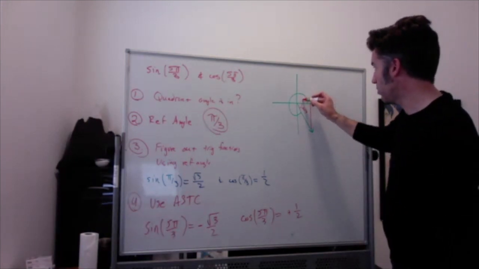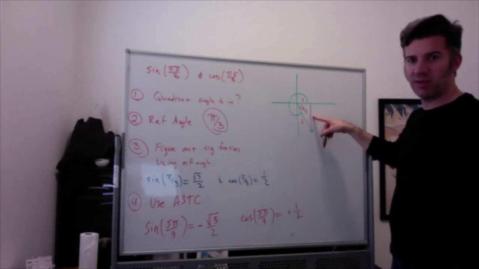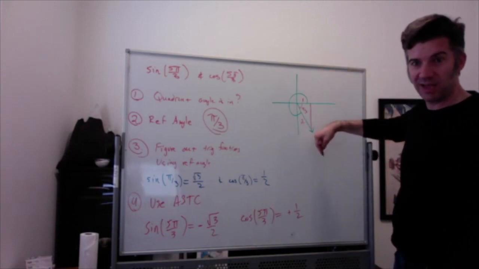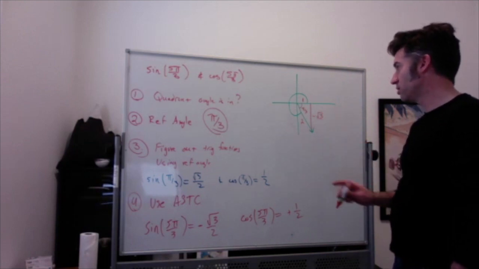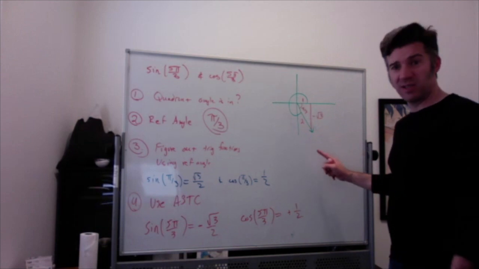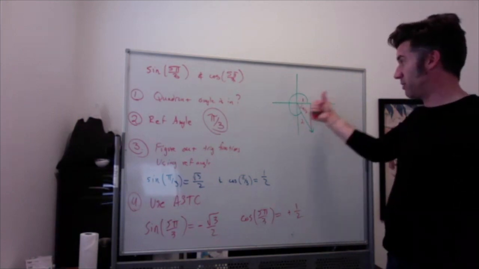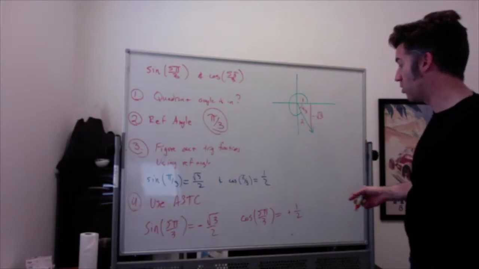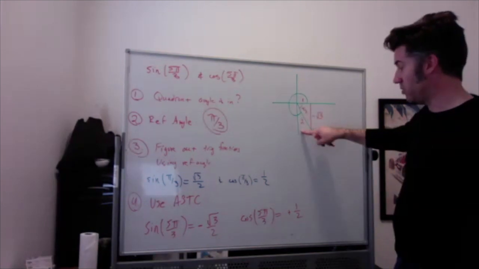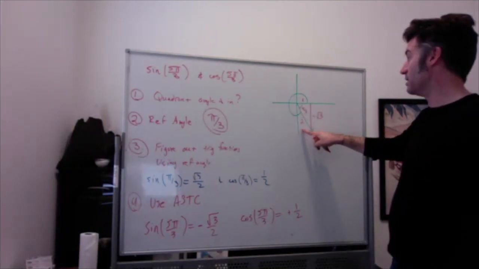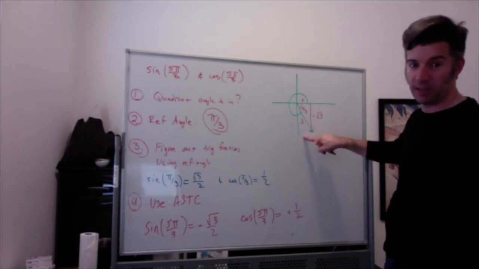Here, this side is 1. This side is 2. And this side is root 3, but it's actually a negative y value, so it's actually negative root 3. This length is always considered positive because it's kind of like a radius of a circle, which is always positive. And this length is positive because we're on the positive x-axis side. So cosine of this angle is adjacent over hypotenuse, which is positive 1/2. And sine of this angle is opposite over hypotenuse, which is negative root 3 over positive 2.